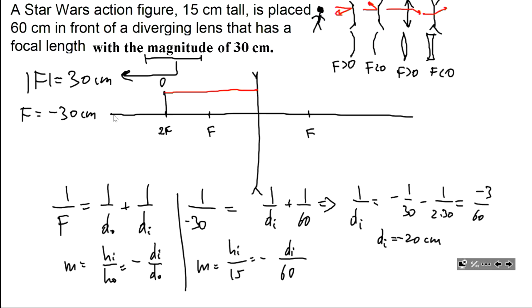So in that case, we have to use extensions first, and then we can draw an actual ray. Its extension should travel through the focal point. And now we can draw a second ray. The second should go through the middle point, through the center.